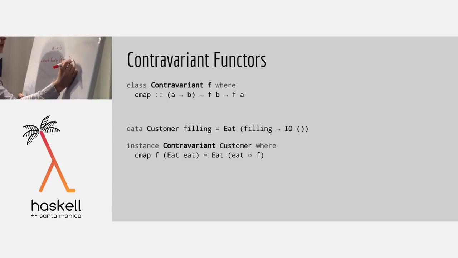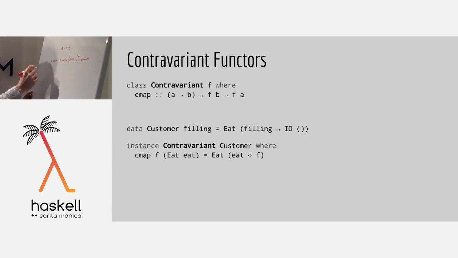Then, well, let's give a type signature to fmap. So fmap says if you give me an x to a y, then I give you an f of x, so that's going to be a to x.